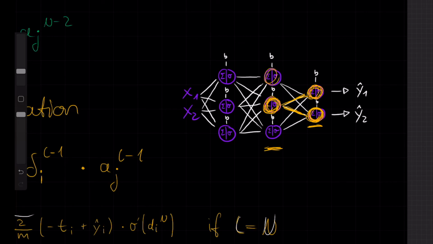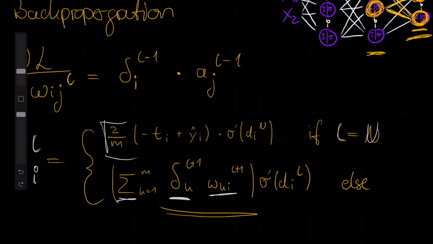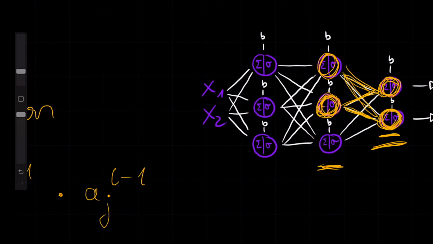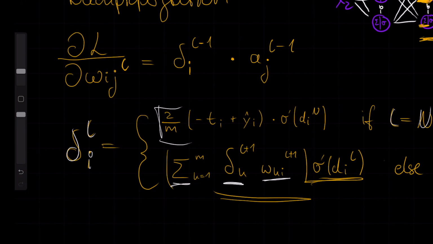And the same applies for this neuron here, except we will weight the error signals of the neurons here by these two weights. And so this is what we can see here. And then finally we will multiply this by this part here. So that's the derivative of the activation function of our drive. So for example, if we are here, then that's that part here, or that part, or that part. And that all gives us then our new error signal.